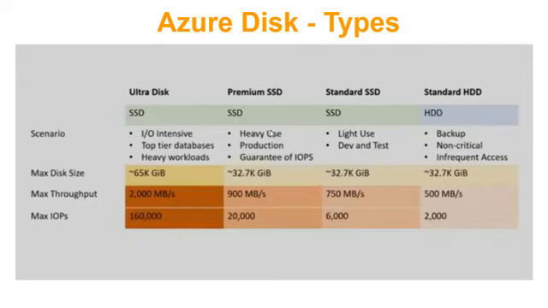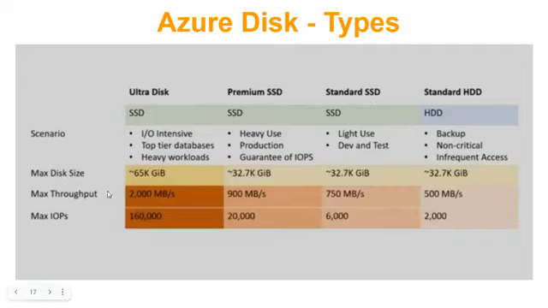Premium SSD is for heavy use production workloads with guaranteed IOPS. Standard SSD you can use for light use, development and testing workloads. Standard HDD is for backup, non-critical, infrequent access. In that case you can use standard HDD.